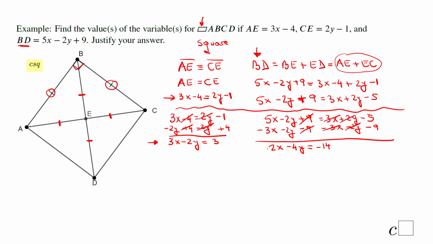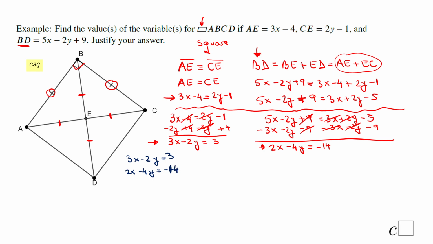So now we have a second equation. We have a system of equations, which I can put down here. The first equation and the second equation. The question is, how do we solve this system of equations?